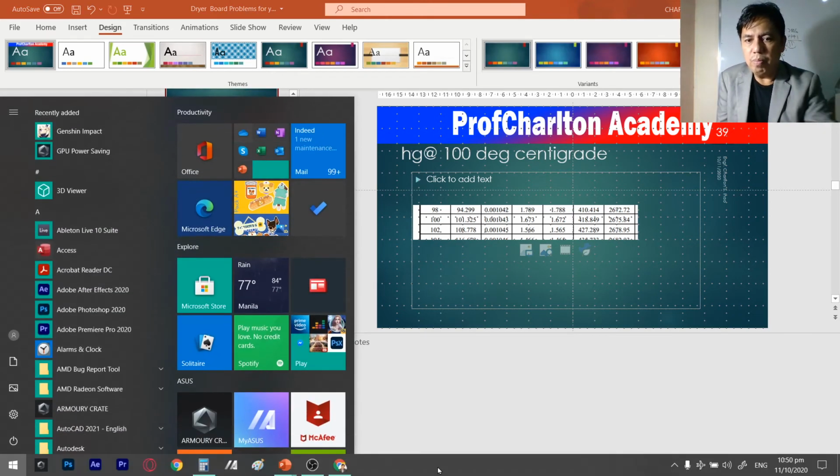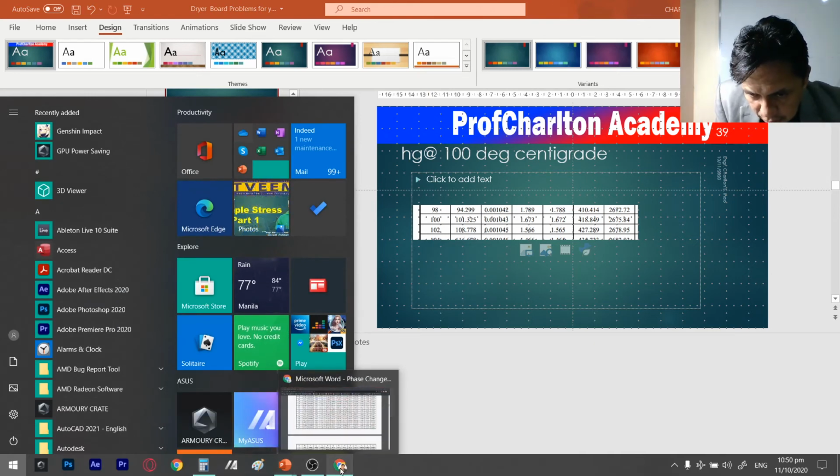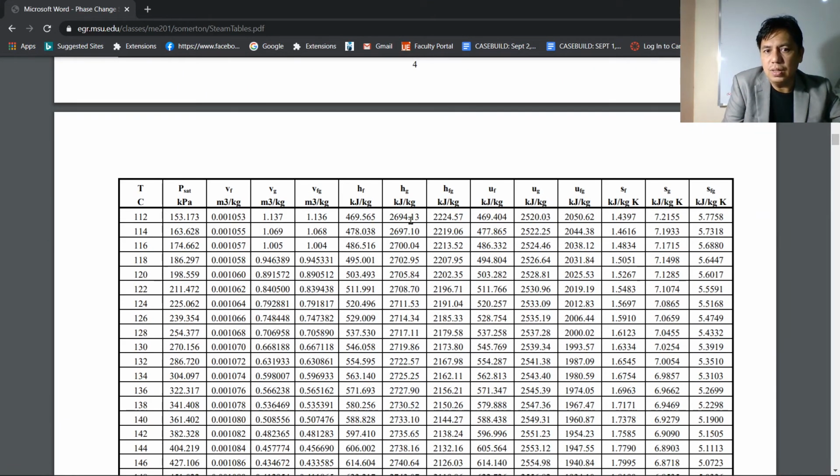So let me go back to the internet. 115, right? So still it is on the seventh column. 1, 2, 3, 4, 5, 6, 7. Enthalpy of gas, but here 6, right? Enthalpy of fluid.